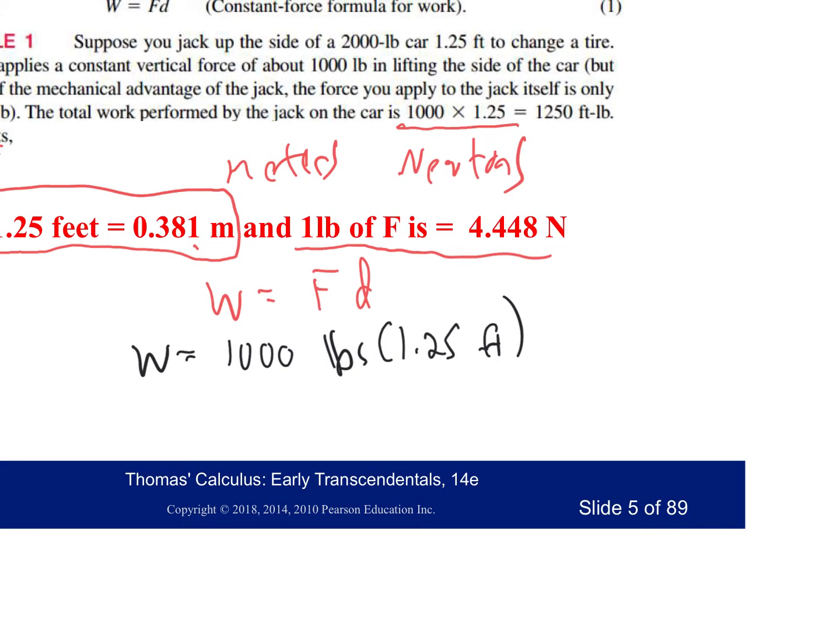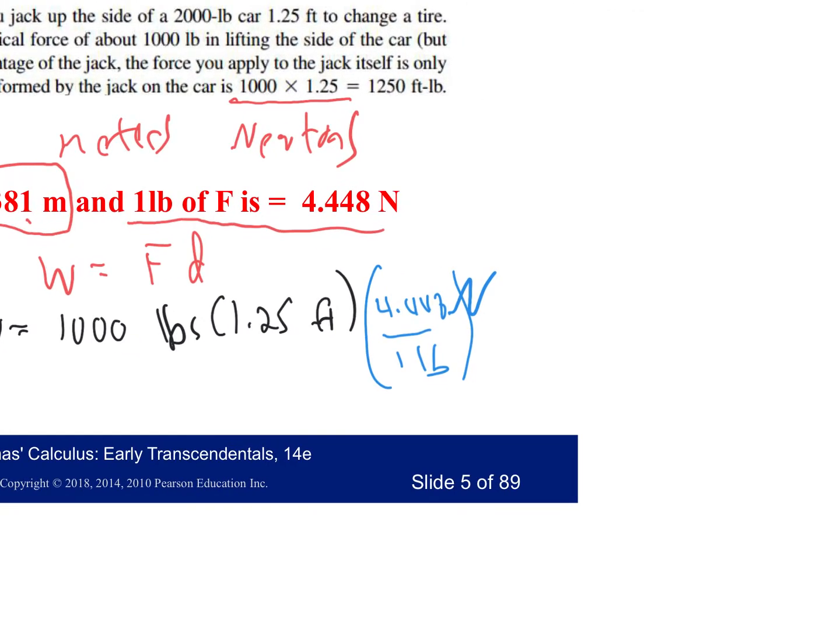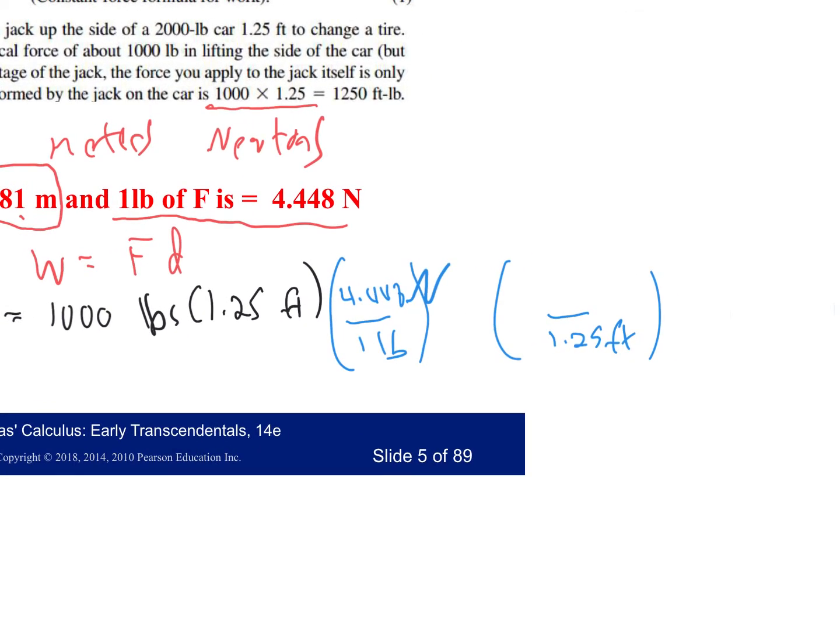So I'm going to do my dimensional analysis and multiply by a fraction to get rid of pounds. If I know that 1 pound is 4.448 newtons, and 1.25 feet is the same as 0.381 meters.